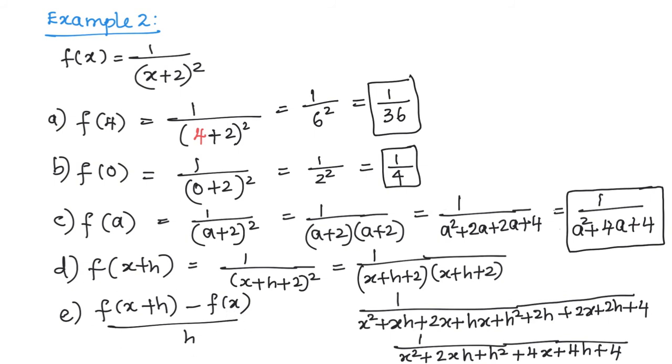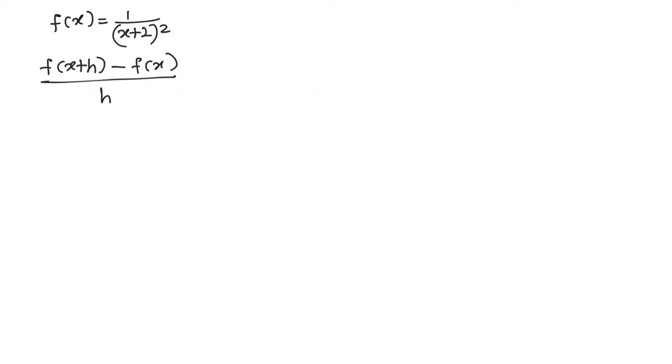Now part E. If this is f of x, we need to find f of x plus h minus f of x, divided by h. So first I will replace this x by x plus h.